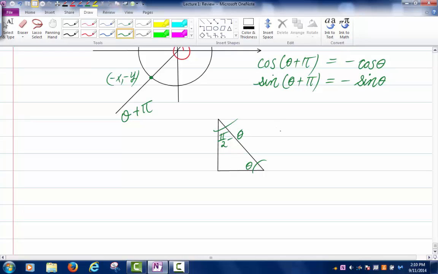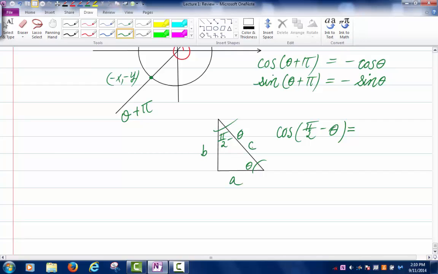So then notice that cosine of pi over 2 minus theta is what? So what's the opposite for that angle? Well, what's the adjacent for that angle? Let's label these sides as B here, A here, and C here.